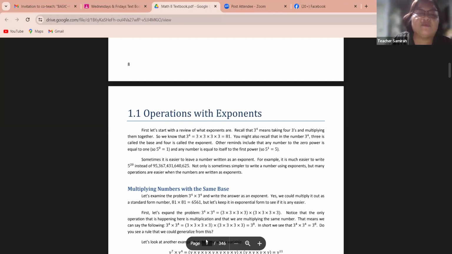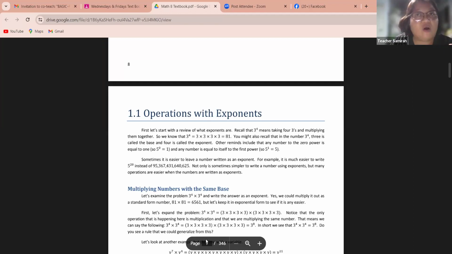And any number or any variable with the power of 1 will always be that number or that variable. So that is the first and the second rule regarding exponents. We use exponents to make it much easier for us to write numbers, because if you write 5 with the power of 20, it only involves 3 numbers.